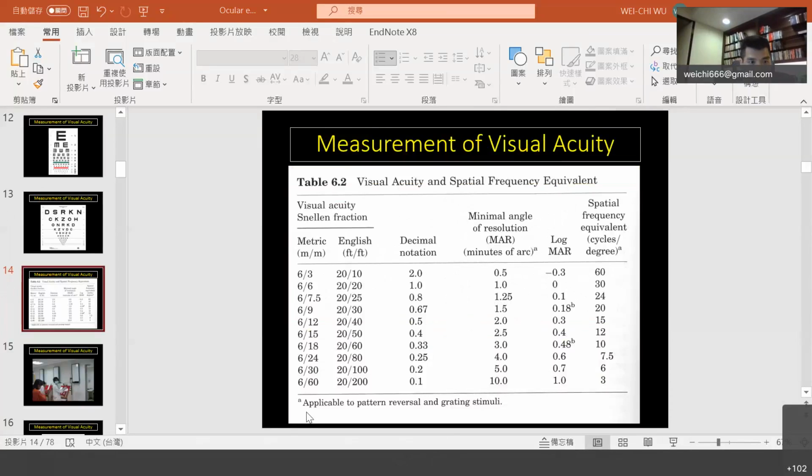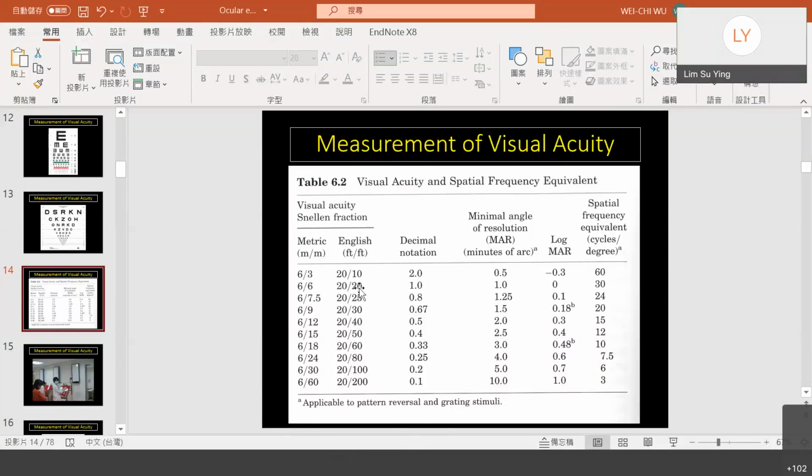So let me ask, Dr. Lim, are you still there? Lin Su Yun, number one. So do you know what vision 20/20 means?